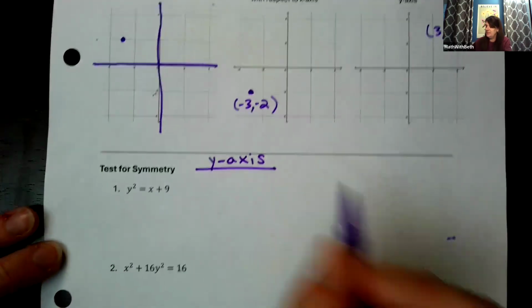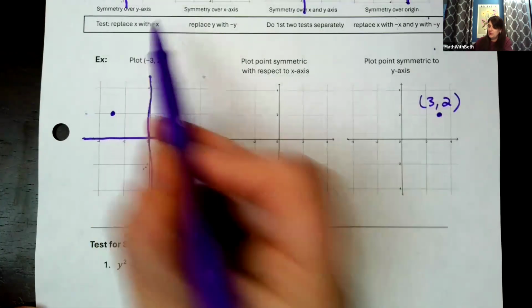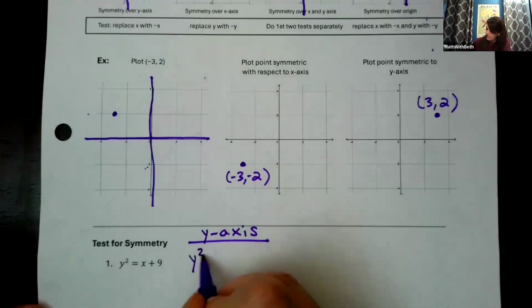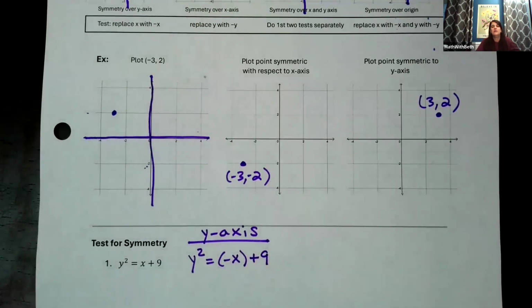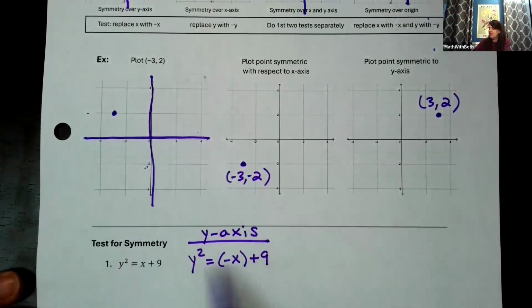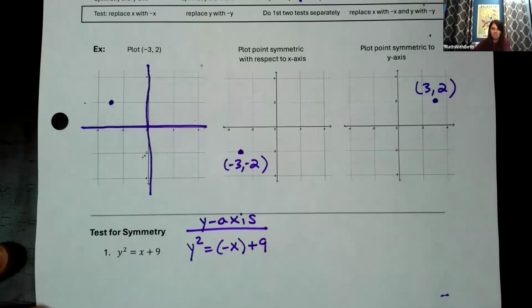That's step one: wherever the x is, and if there's more than one x, I do this to every single one. Now, is there any way I could easily reduce this to what it started with? No, there's nothing I can really do. Those parentheses aren't even really needed. This does not match the original, so it does not have symmetry with the y-axis.